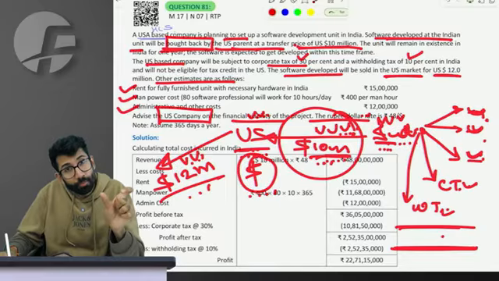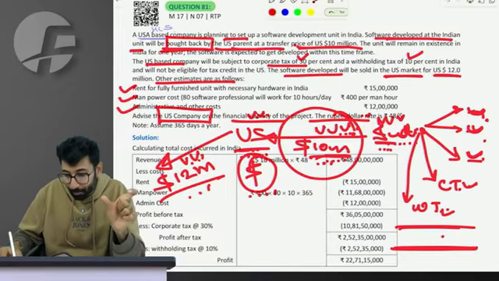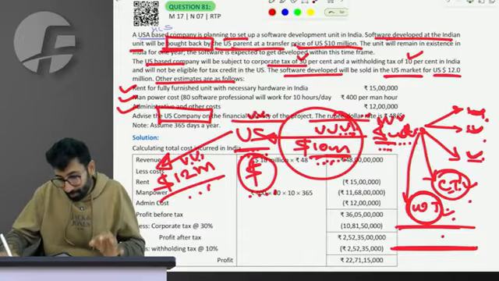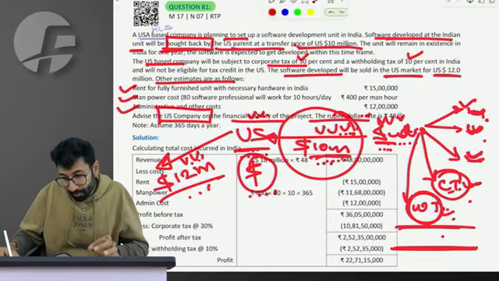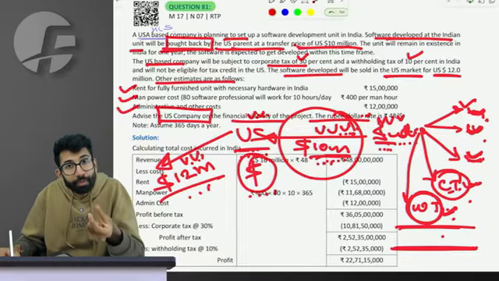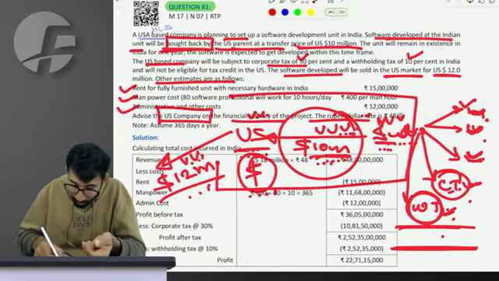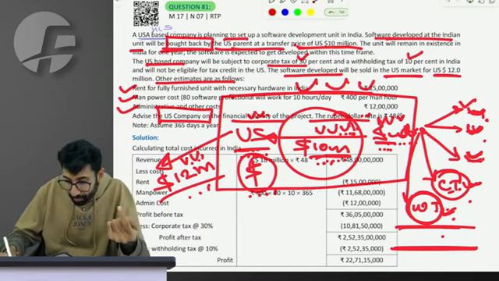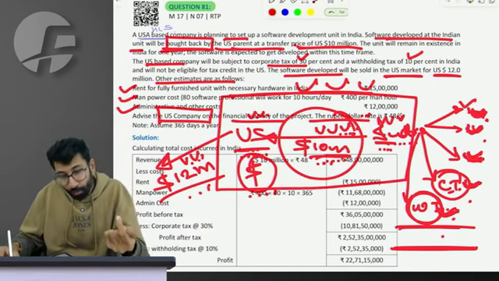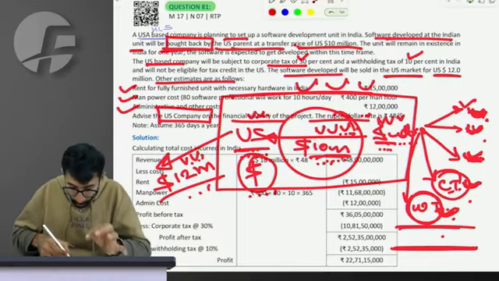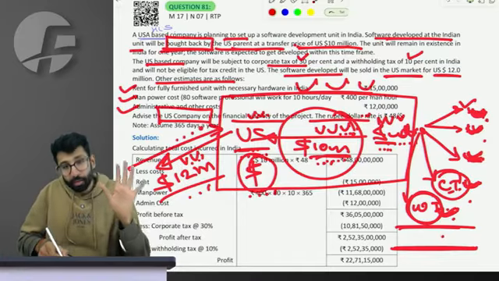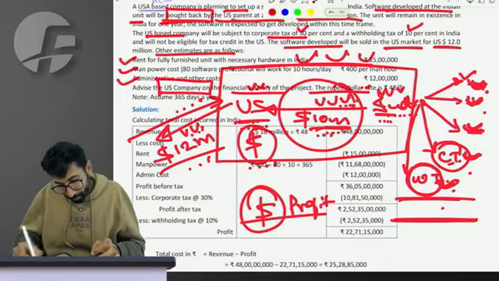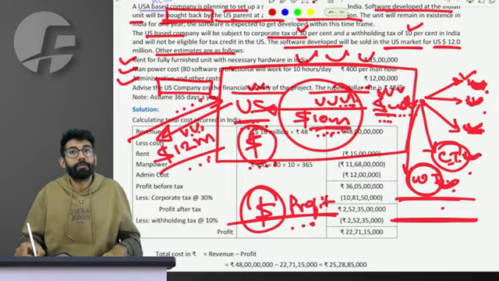This is the notional profit calculated only for the purpose of calculating corporate tax and withholding tax. Once you get these two taxes, you will know all your amount of expenses. So you don't have to think from the Indian unit. You in fact have to think holistically, where two units are one only: how much is the total outflow in rupee including the taxes, and how much is the final inflow in dollar, using which you will calculate the dollar profit, which is the NPV or answer to this question.